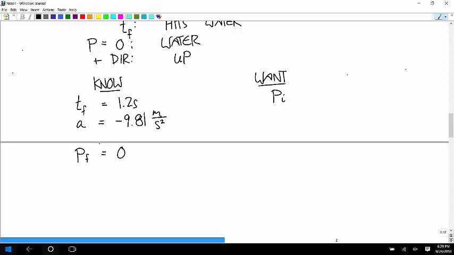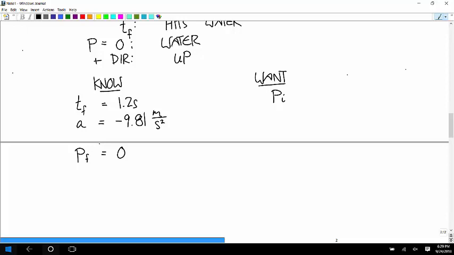And you can think about it like this. When the thing's on its way up, is it speeding up or slowing down? Slowing down. And on its way up, its velocity is up, positive, right? So you have a positive velocity and it's slowing down. So what has to be the sign of the acceleration?